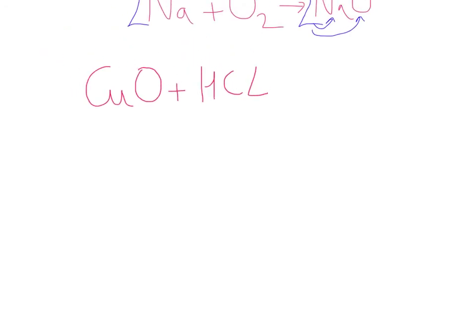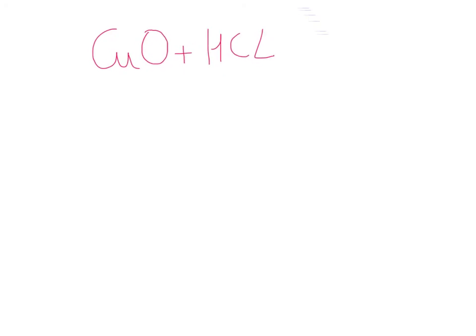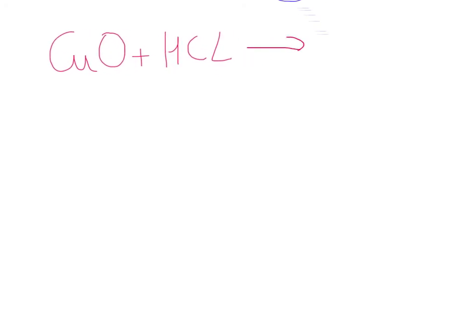CuO, which is copper oxide, Cu is copper and O is oxide, reacting with HCl, which is hydrochloric acid, and they form, when reacted together, copper chloride, which is CuCl2, and water, which is H2O. So copper oxide and hydrochloric acid will give copper chloride and water.